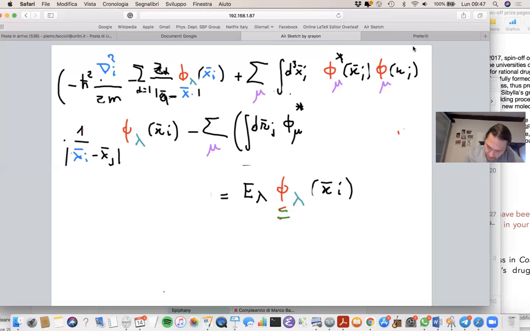I'm going to use the purple for the mu index. And I'm going to keep on using xj, phi, lambda, xi. And I'm going to use the red character for the phi.